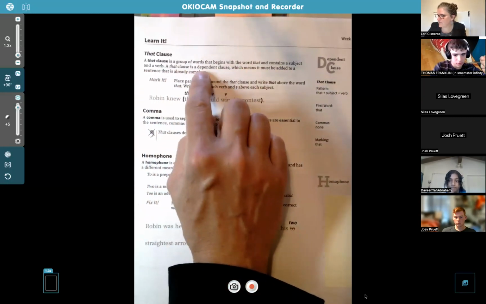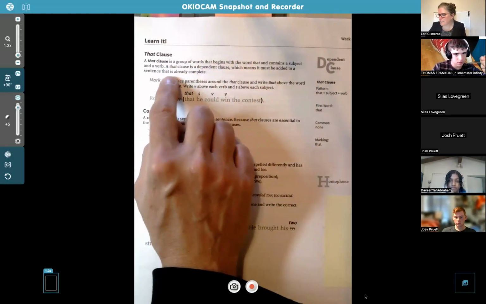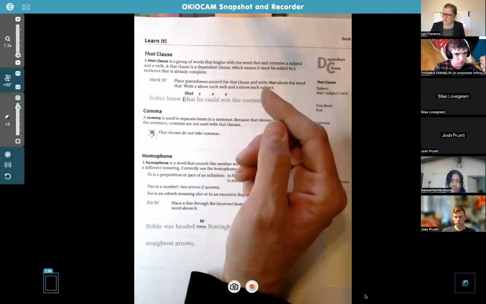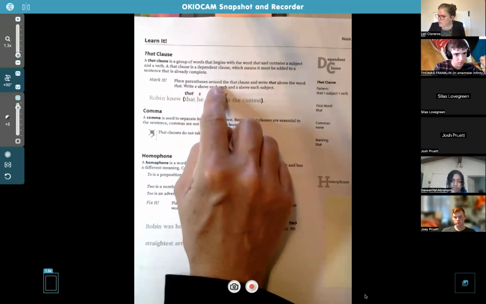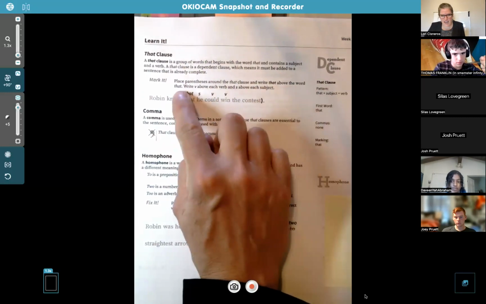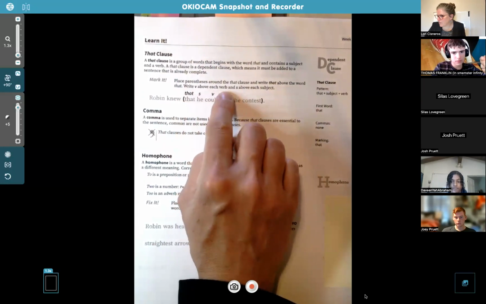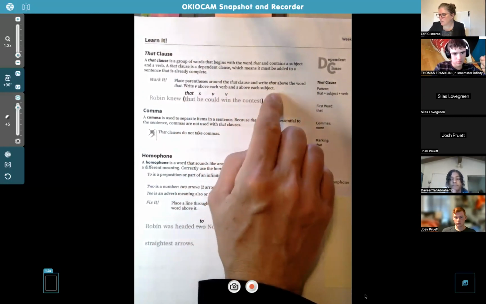A that clause is a dependent clause, which means it must be added to a sentence that is already complete. Place parentheses around the that clause and write that above the word that.